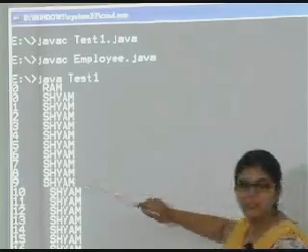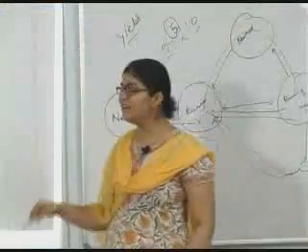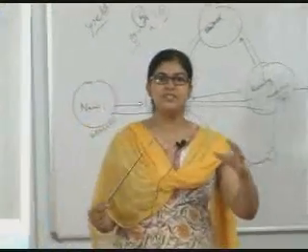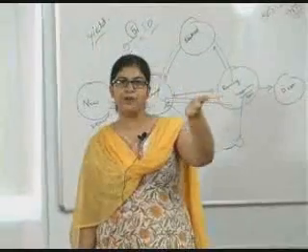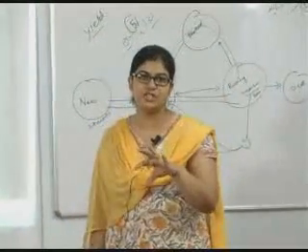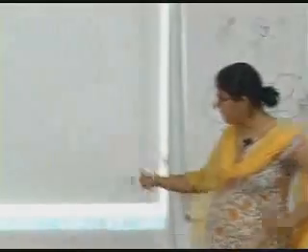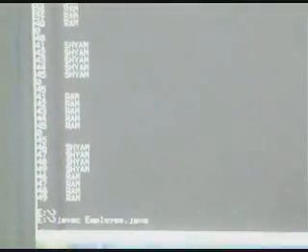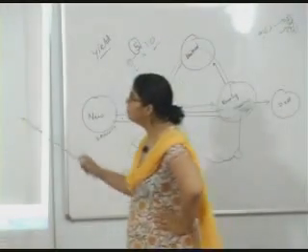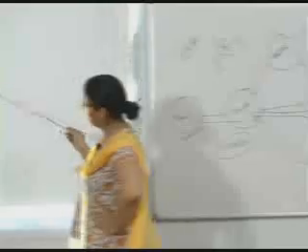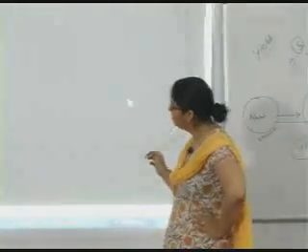Something is wrong. Earlier we were not getting the output because we compiled Test before Employee, and in Employee we did all the changes, so the changes did not take any effect. Now we are compiling Employee first, then we will compile Test, and then we will run the Test. Now you would see, go up.